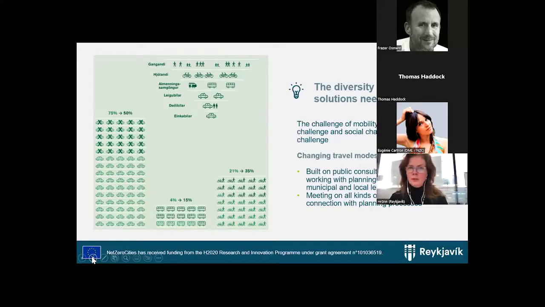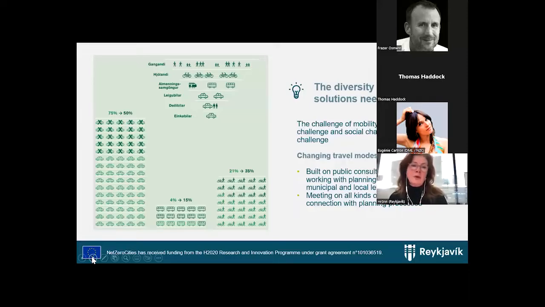But if we're looking at the triangle, the main emphasis will be on walking, pedestrians. The second one is bicycling, then public transport, then taxis and shared mobility, and finally the private car. The focus is to have that least used within the city.